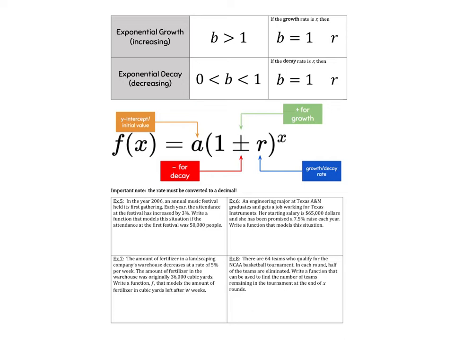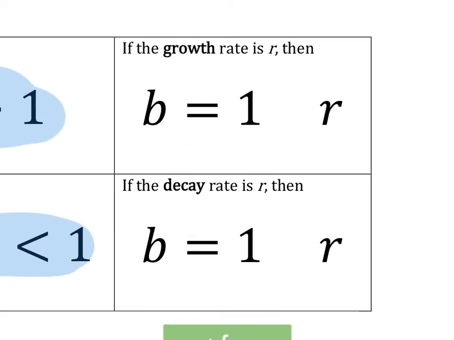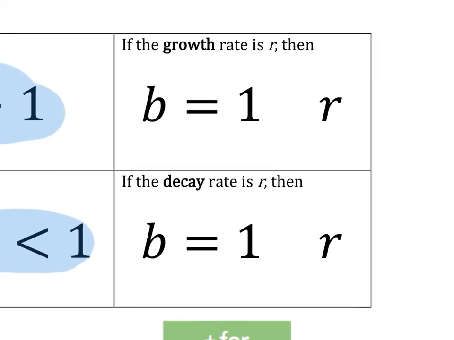When we had just the regular number b, we knew that it was growing if that b value was greater than 1, and it was decaying if the b value was between 0 and 1, or less than 1.